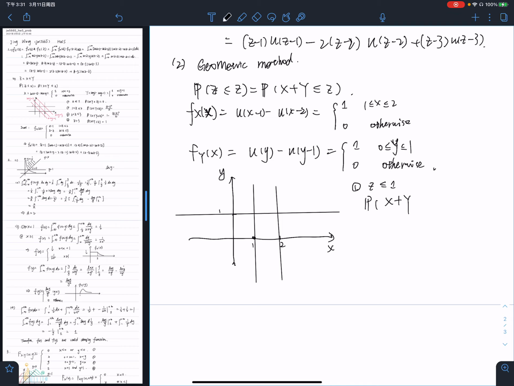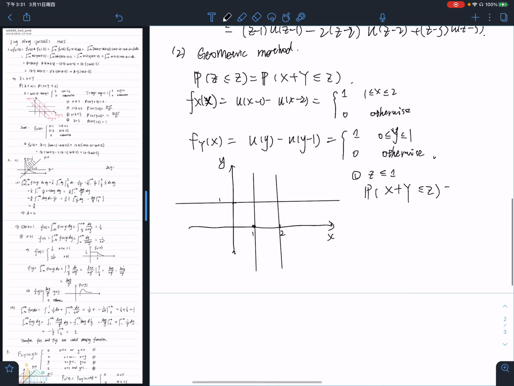If z is smaller than 1, then x plus y smaller than z will never hold. It will be 0.